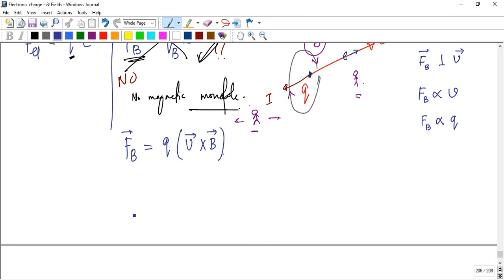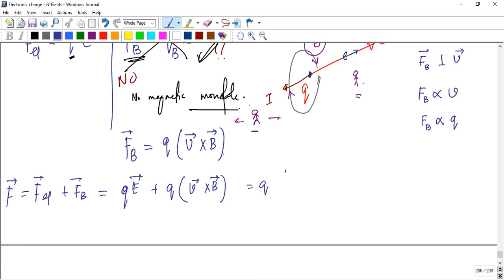If F_E plus F_B, F total, that is Q times E plus Q times V cross B. Q common, so we get Q times E plus V cross B, and that force has another name, called the Lorentz force. Lorentz force.